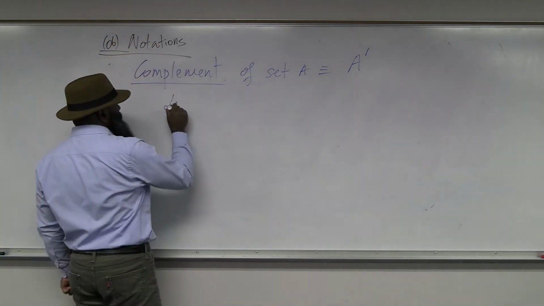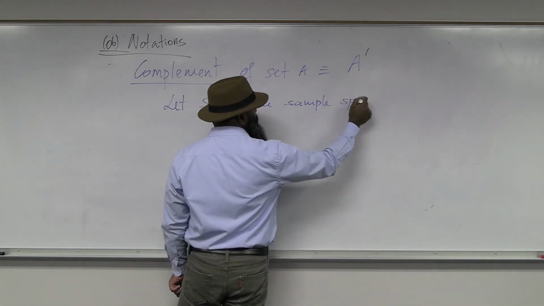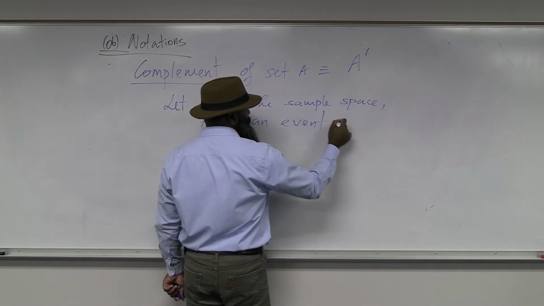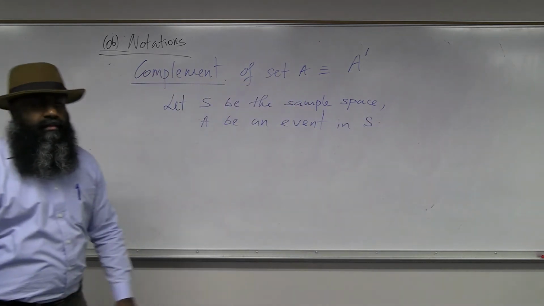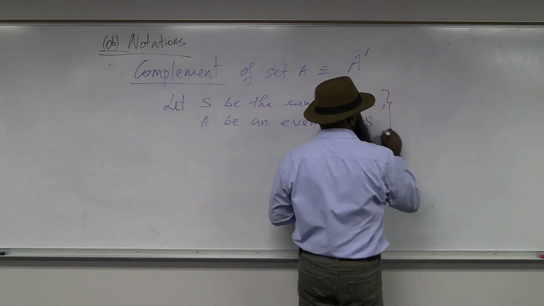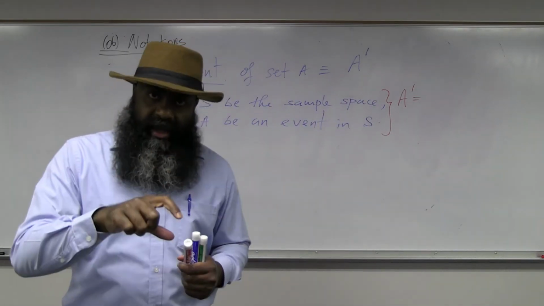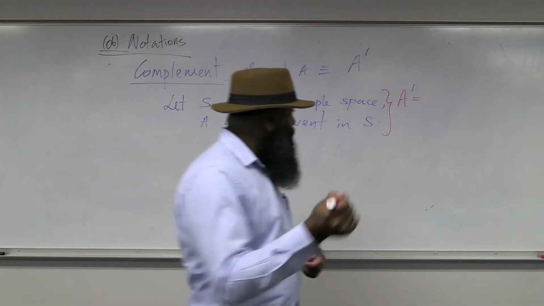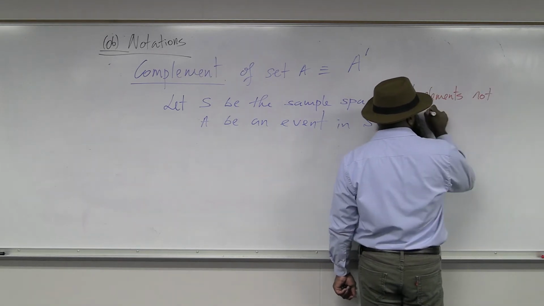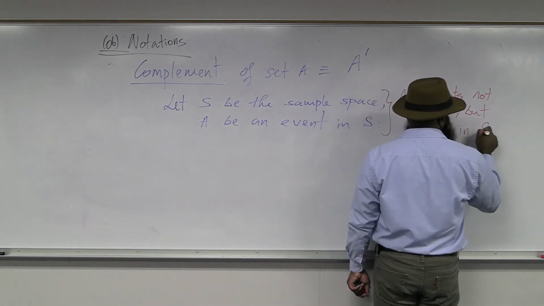I will let S be the sample space, and A be an event in S. So A prime, or the complement of A, means elements not found in A, but in S. Okay? So I will write it as that. Elements not in A, but found in S.